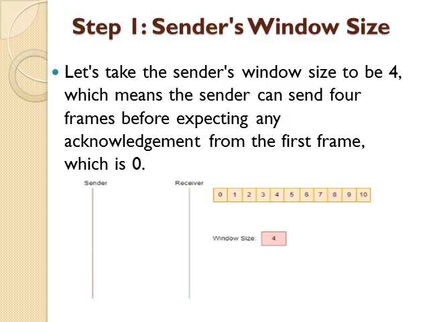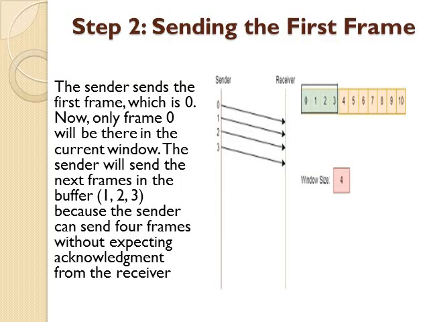So, here the window size is 4, so the sender can send 4 frames, that is 0 to 3, continuously. Multiple frames can be sent, that is 4 frames can be sent without receiving any acknowledgement from the receiver.